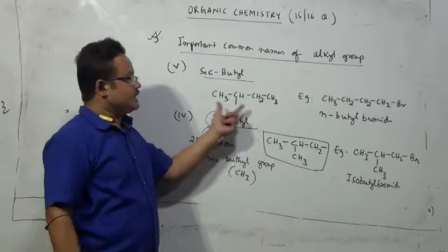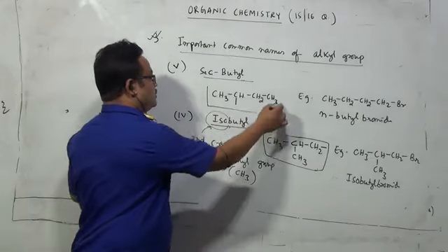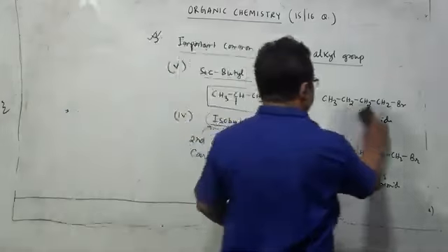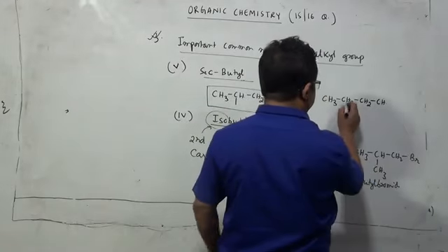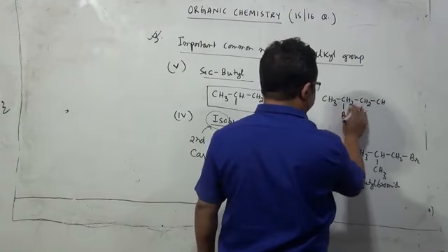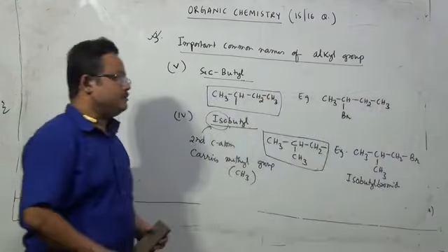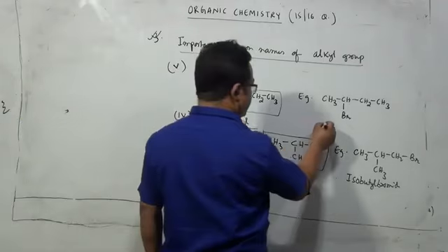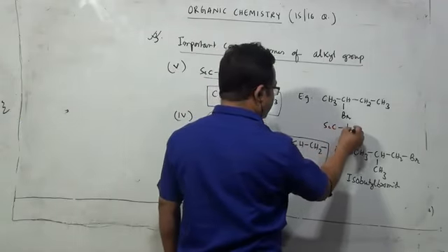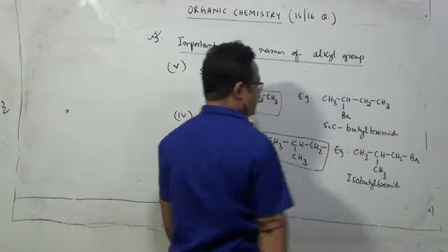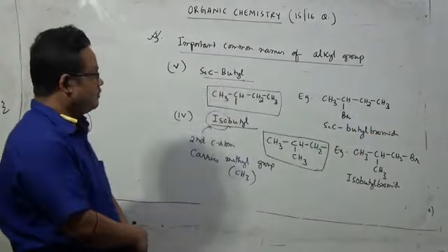This is called secondary butyl. So the secondary butyl bromide has the attachment at the secondary carbon. Secondary butyl bromide.